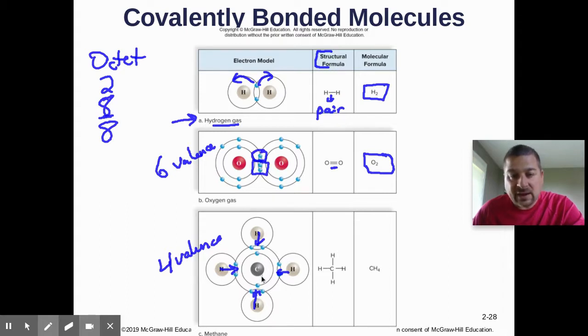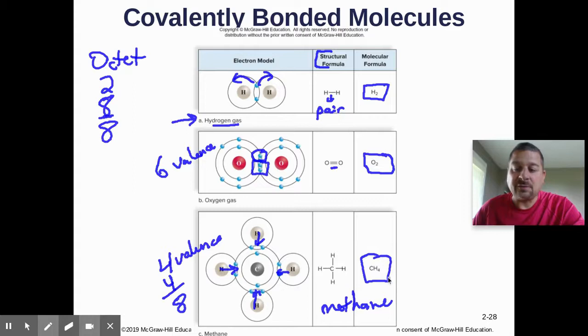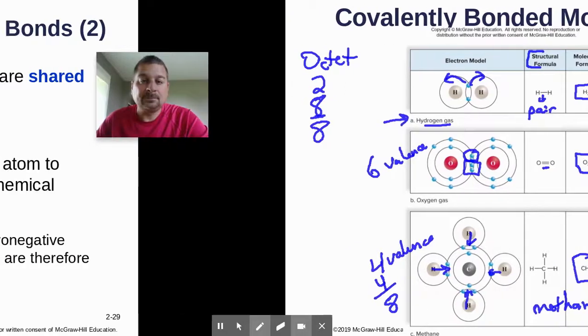And the carbon is now happy because it gained another 4 electrons to give its total of 8. So we represent that, okay, this is methane. We represent that as carbon in the middle with a hydrogen, a hydrogen, a hydrogen, a hydrogen, okay? So for its structural formula, or if you just write the molecular formula, CH4.